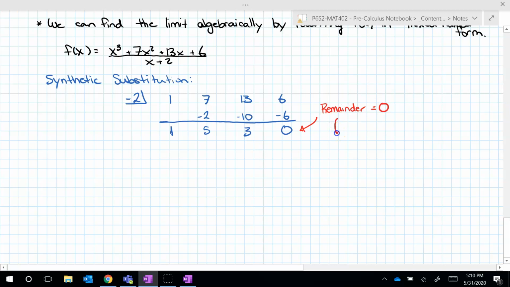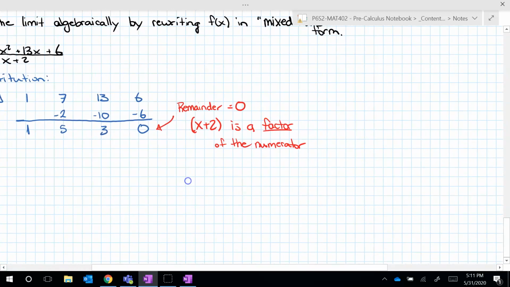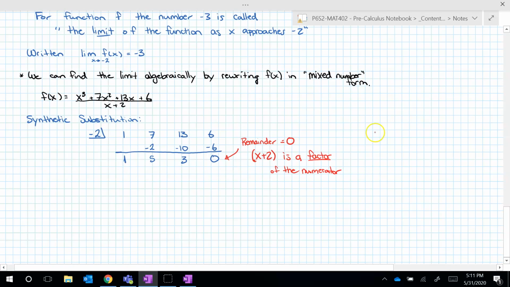So that means that x plus 2 is a factor of the numerator. It goes in cleanly. So I could write this f of x, and these numbers here are the coefficients of the other piece, that quadratic quotient.